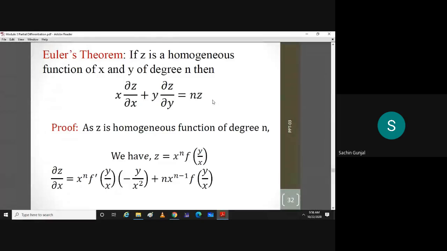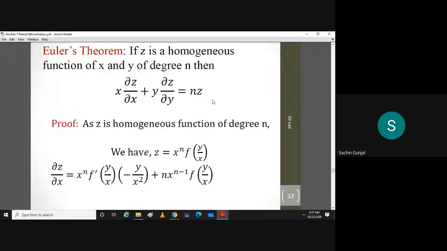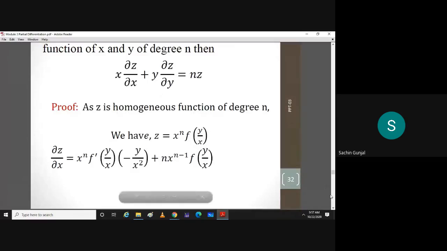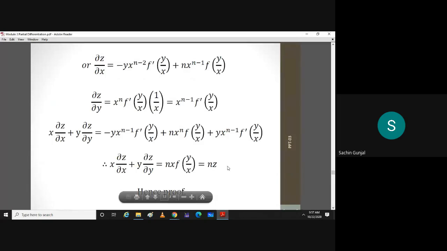We'll not go to the proof of this thing because it only uses the definition of homogeneous function. They are calculating ∂z/∂x, ∂z/∂y, and putting it here, and at the end they are getting n out. Okay, so that's the idea, and proof is not required. We are very much interested in its application.